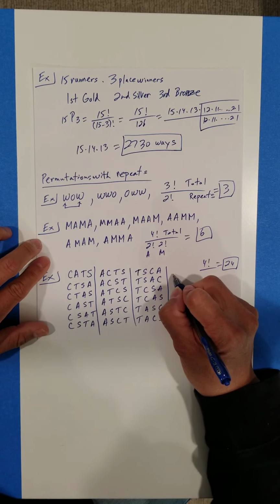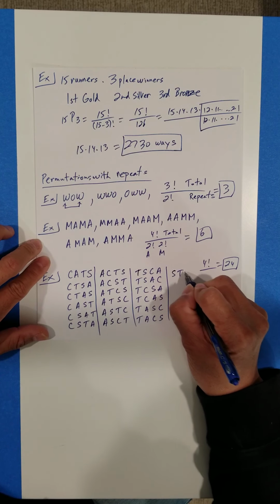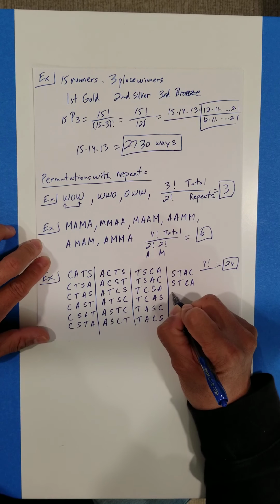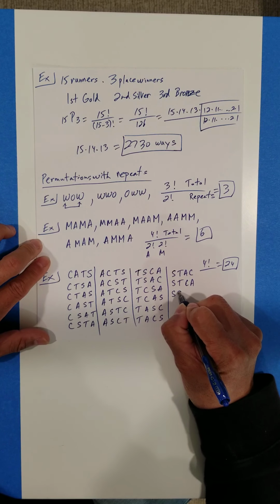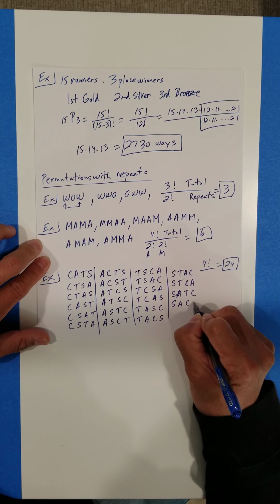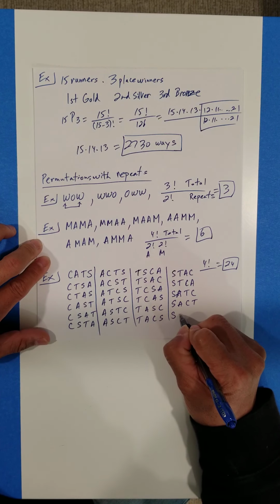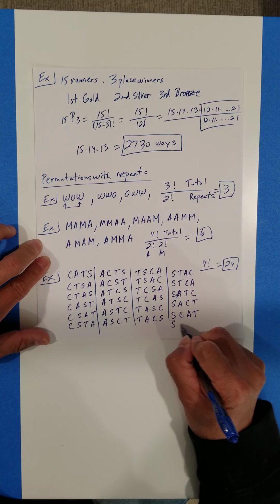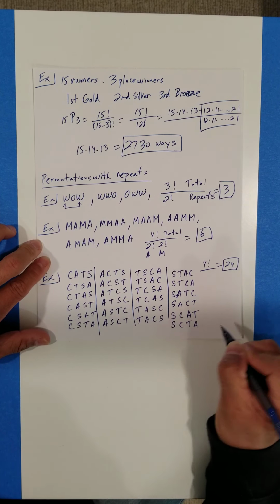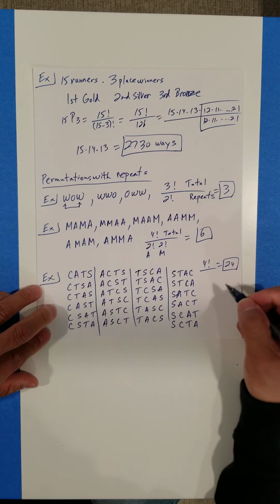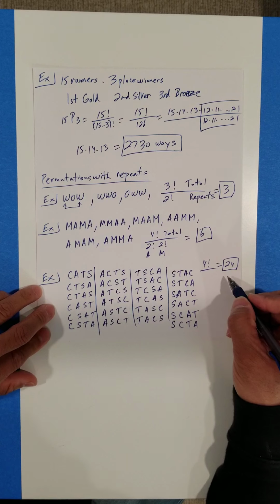And then last, S, T, A, C, S, T, C, A, S, A, T, C, S, A, C, T, S, C, A, T, S, C, T, A. And then there's no other ways of rearranging the word cats. So in this case, there's 24.